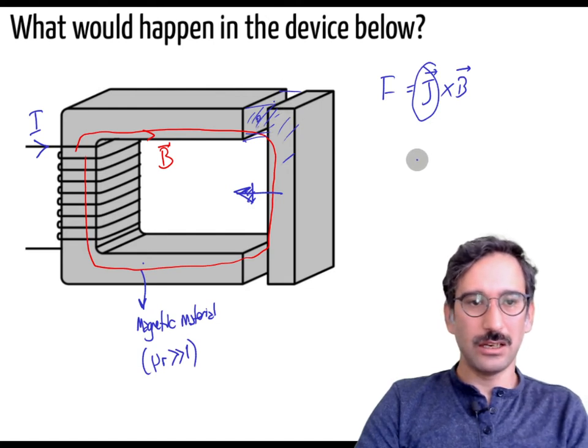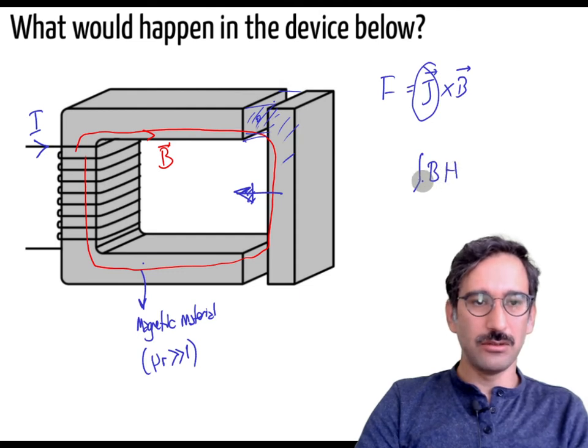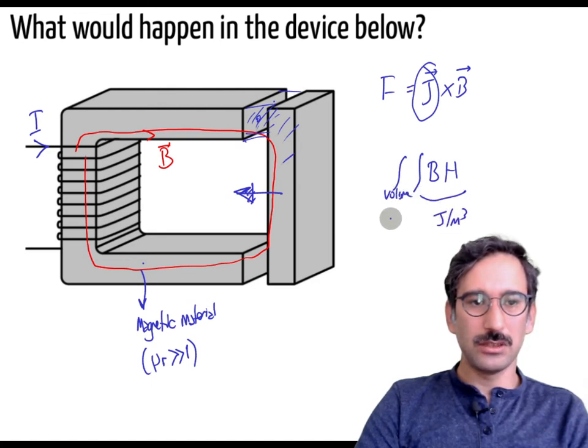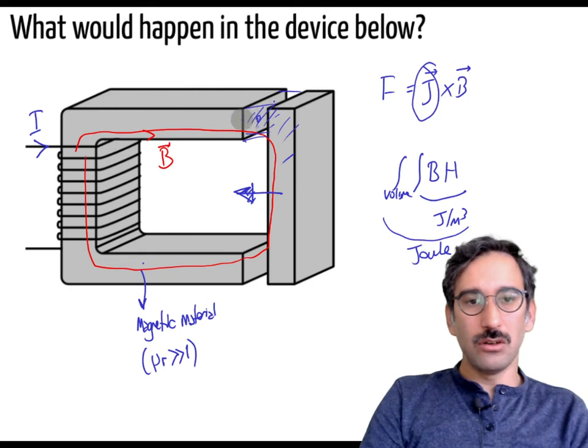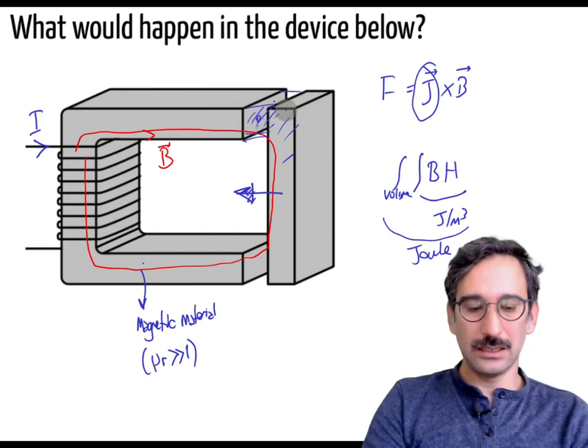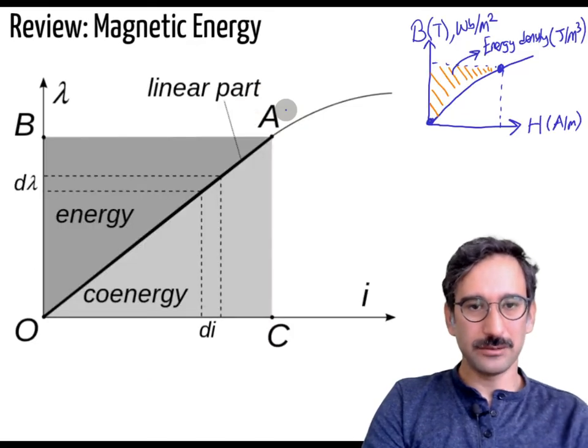So if you have BH, and I will talk about the units, and you integrate it over some volume, unit-wise it is joules per meter cube, and if you integrate that one, then you obtain the joules. Or in other words, if you integrate B over some surface area, you get the flux. Let me do that.